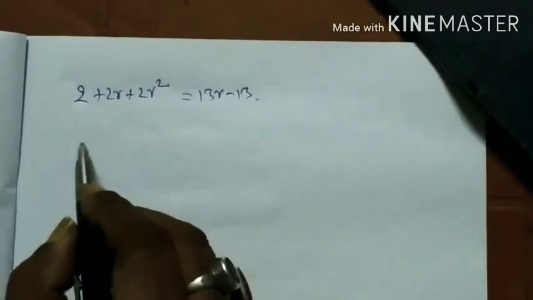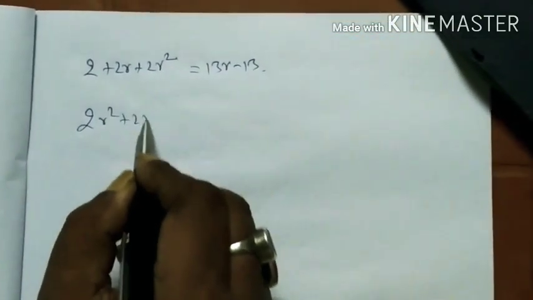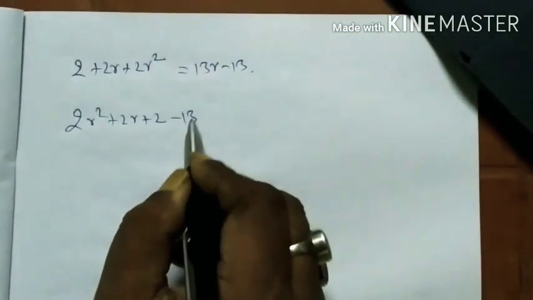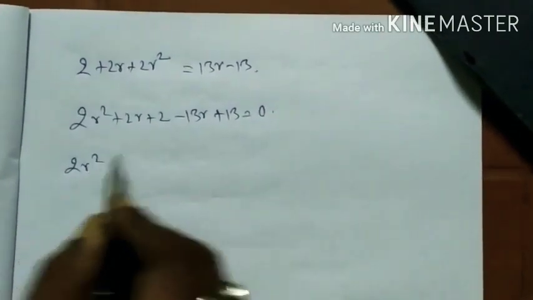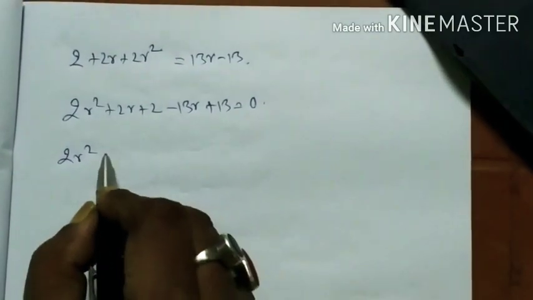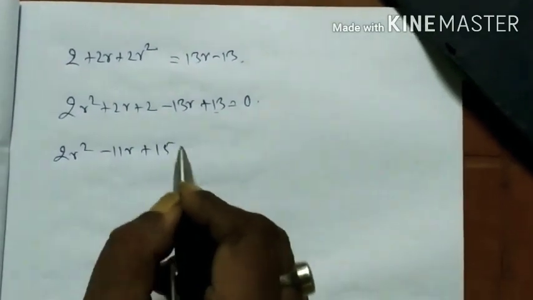We bring all this to one side, to the left side. 2R square plus 2R plus 2 minus 13R plus 13 equal to 0. 2R square, this comes out to be minus 11R, and plus 15 is equal to 0.